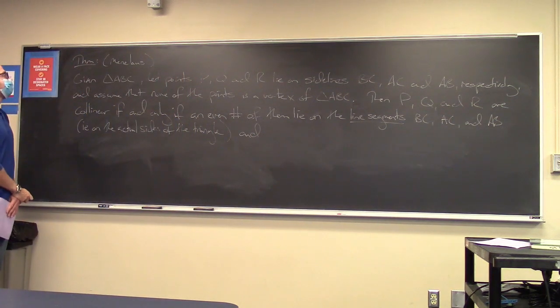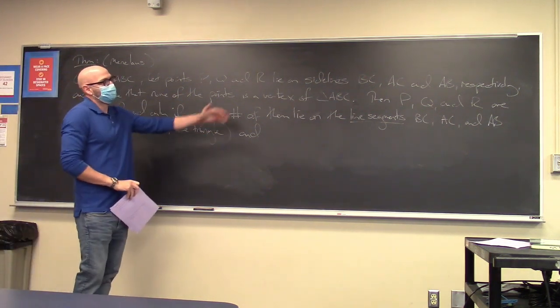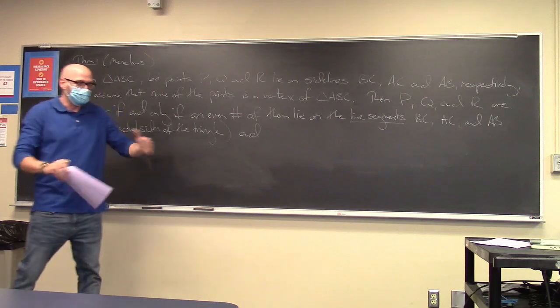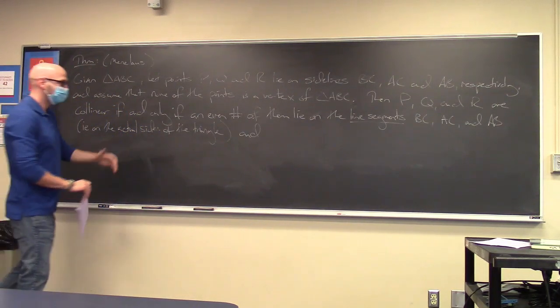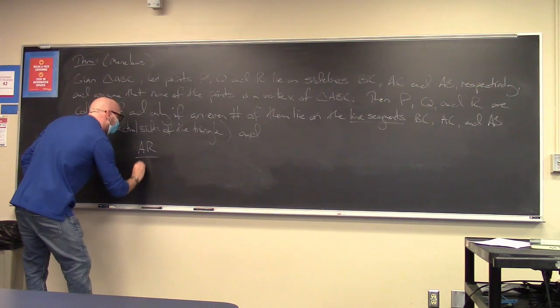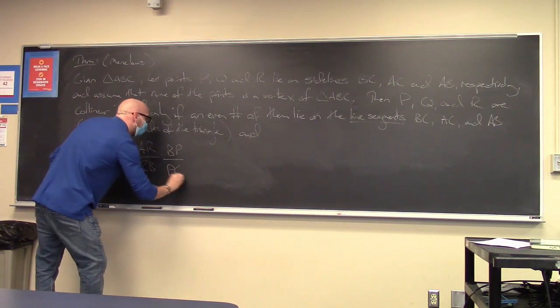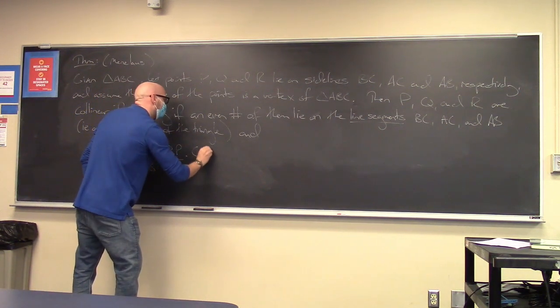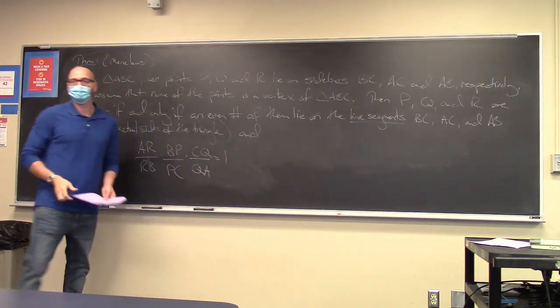And this is why I say it's such a close cousin of Ceva's theorem. For one thing, the things we're discussing feel very similar. And the Cevian product is equal to 1. So, AR over RB times BP over PC times CQ over QA equals 1.